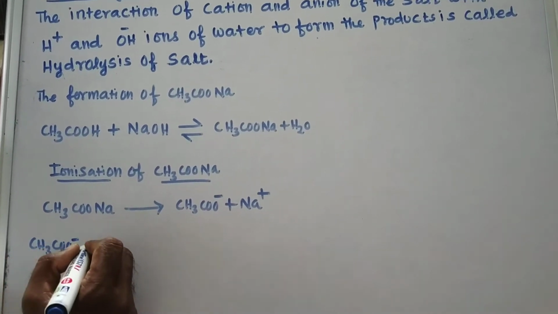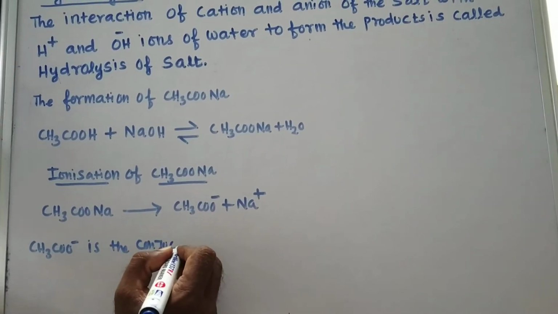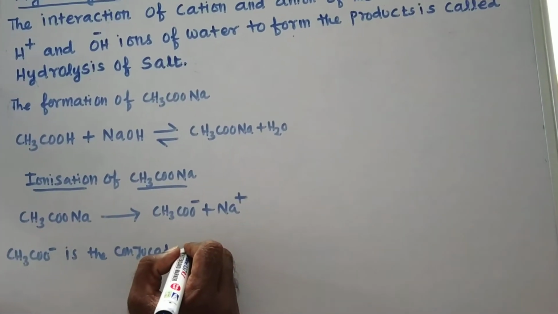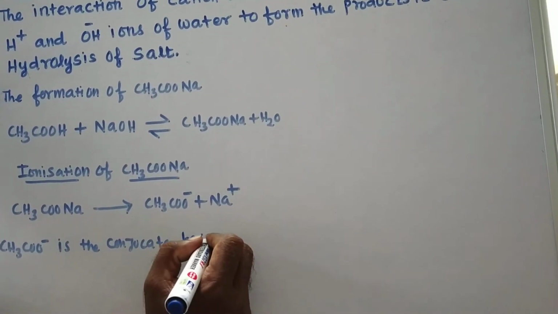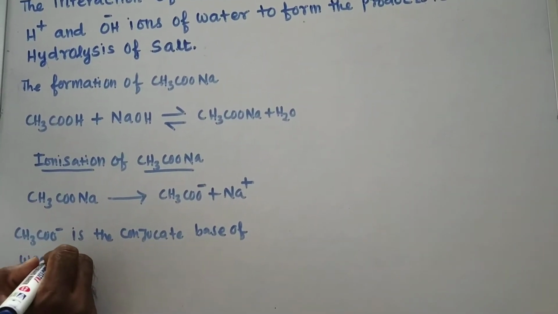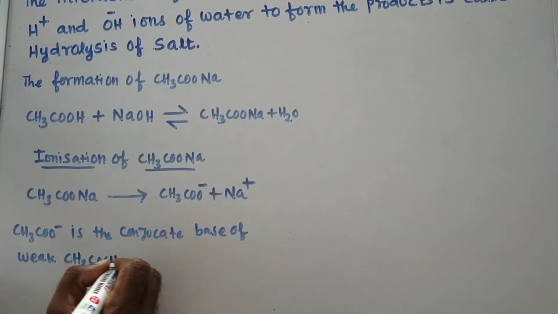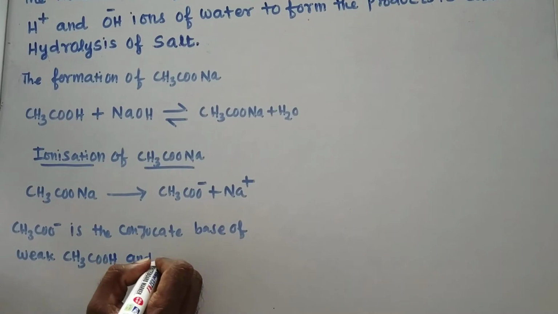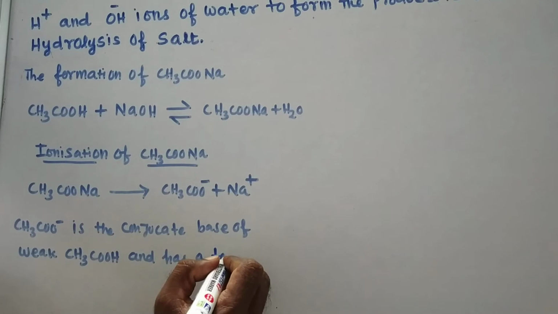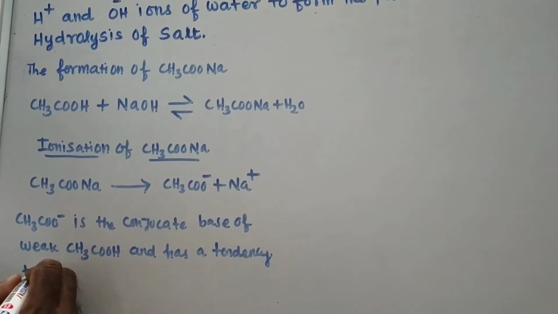Acetate ion is a conjugate base of weak acetic acid and has a tendency to react with water.